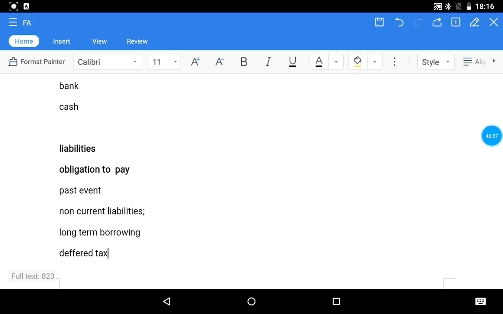This one comes in when you pay taxes. For example, you record maybe 2 million as a tax. That's what you have recorded. But when you check, you are supposed to pay maybe 3 million.